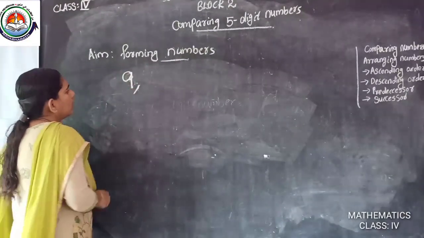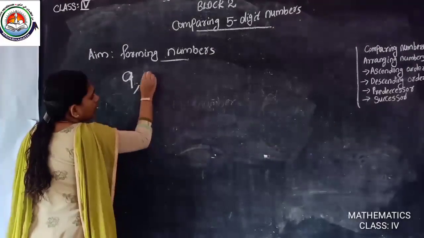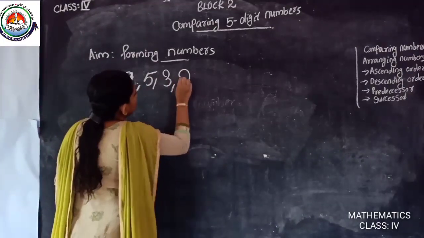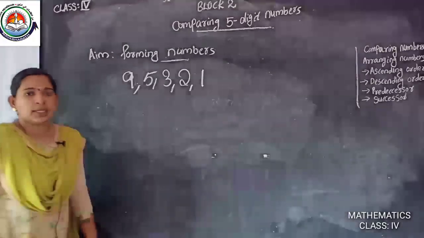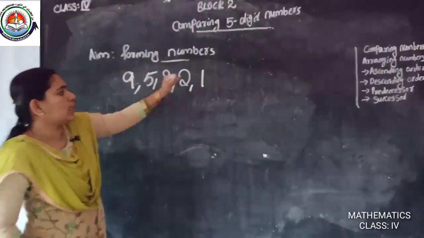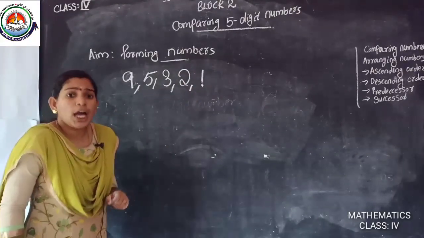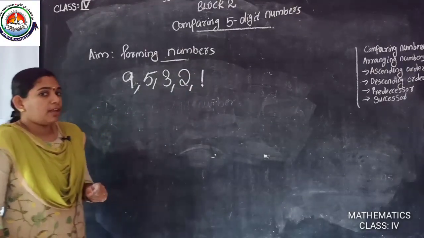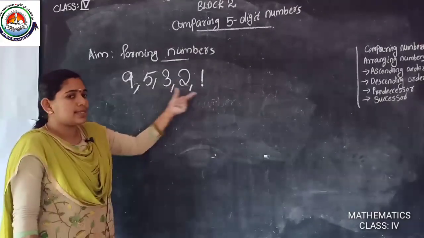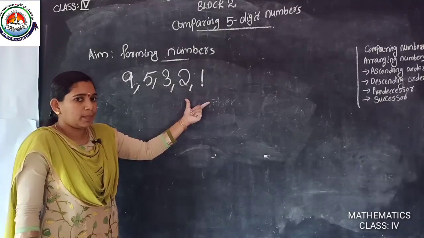9, 5, 3, 2, 1. Okay, these are the digits. 9, 5, 3, 2, 1. Are you ready to form the smallest and largest 5-digit number using these digits? Ready?